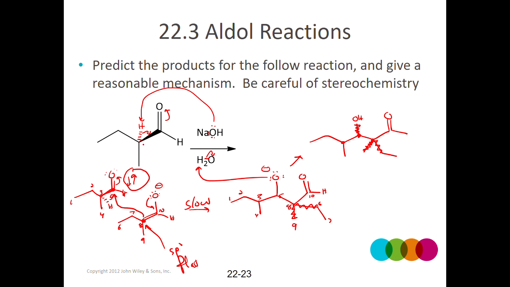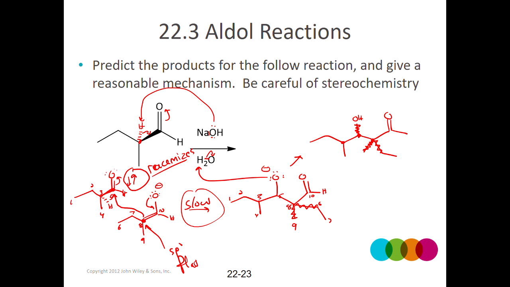This equilibrium will be established, and in the time it's established before the nucleophilic attack here that produces the intermediate from the slow step, the vast majority of these molecules will have undergone this equilibrium already back and forth, and that equilibrium itself racemizes, which I think is a fun word, this center.